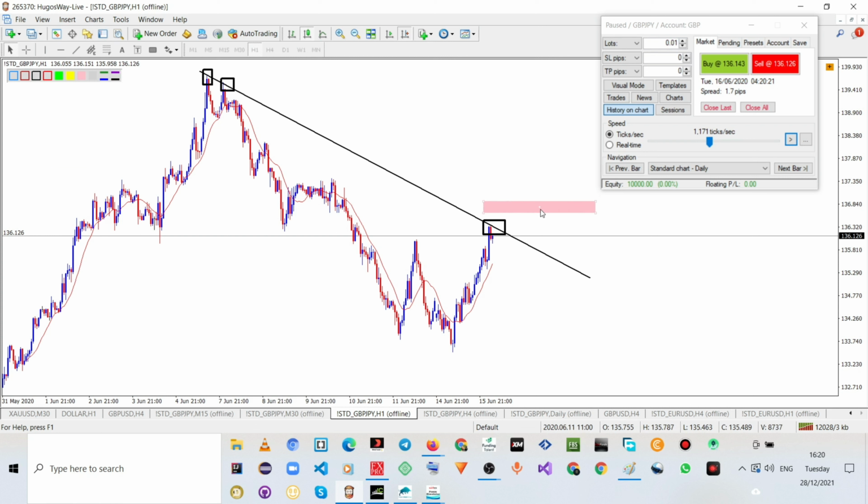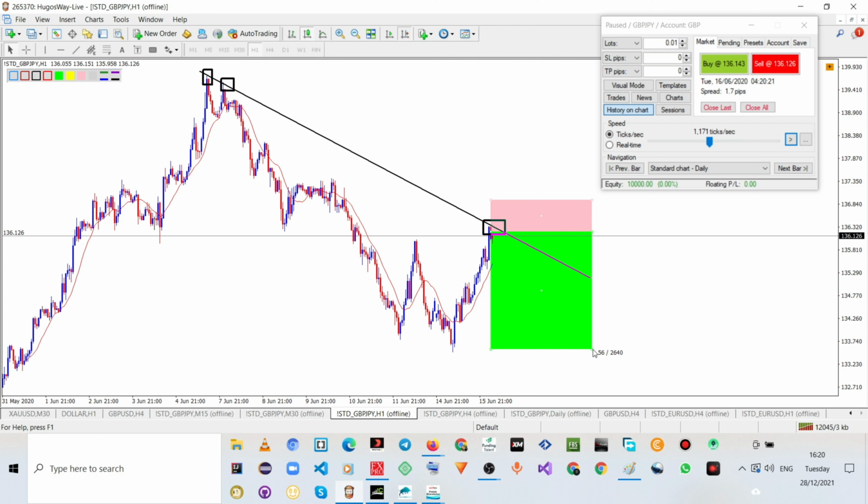I'm going to be using these three triangles to show my risk reward parameters. So that's the stop loss zone. My take profit, as I said, would be at the latest low, which is this one.